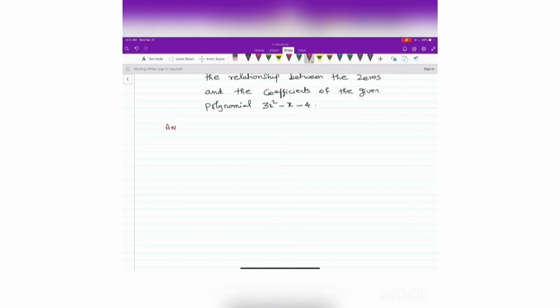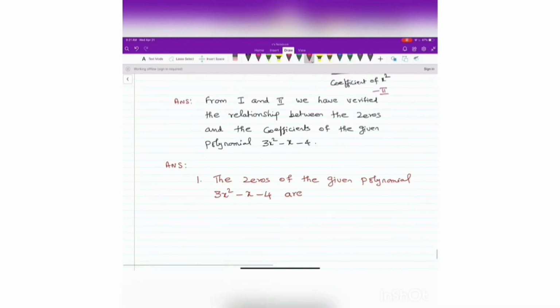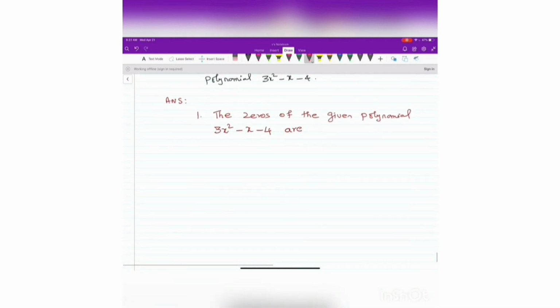So, answer, the first one, the zeros of the given polynomial 3x square minus x minus 4 are 4 by 3 and minus 1. Even you can write the zeros of the given quadratic polynomial.